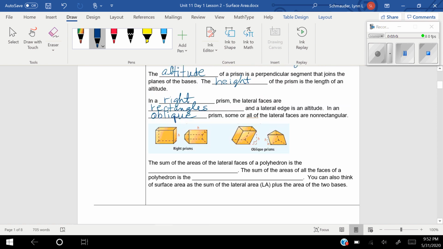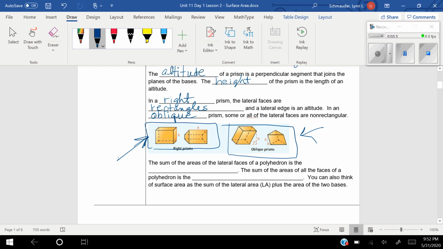So here you have some right prisms, and here you have some oblique prisms, and you can see that these lateral faces are parallelograms and not rectangles, and the lateral edges are not an altitude. So, I mean, you can find the height, you can find the altitude, but we're not going to busy ourselves with that right now. We're going to stick to right prisms.